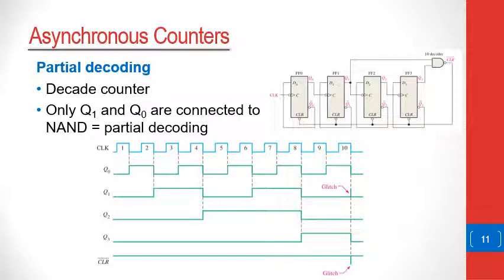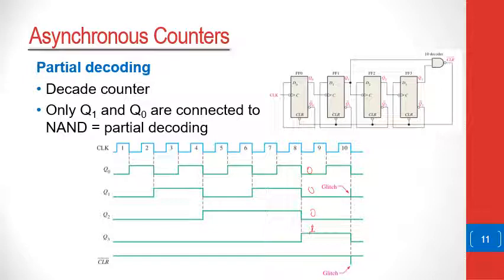So here is an example showing what's happening. At this particular stage, you see our output count is 1, 0, 0, 0.